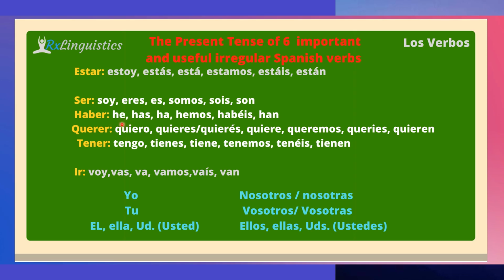Okay, so he, has, ha, hemos, habéis, han. Okay, again the H is mute, so it's he, has, ha, hemos, habéis, han. Okay. Querer is to want, to desire.